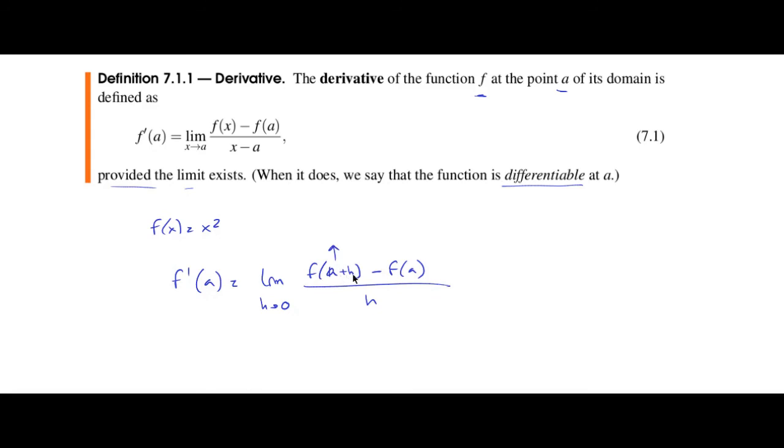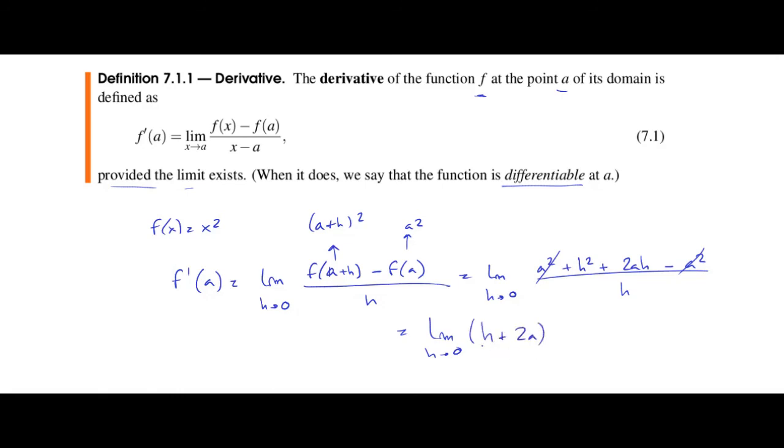But f of a plus h is a plus h squared, and this is just a squared. So this is the limit when h goes to 0 of a squared plus h squared plus 2ah minus a squared, divided by h. So this and this cancel out, and then we have the limit when h goes to 0 of h plus 2a, or in other words 2a.